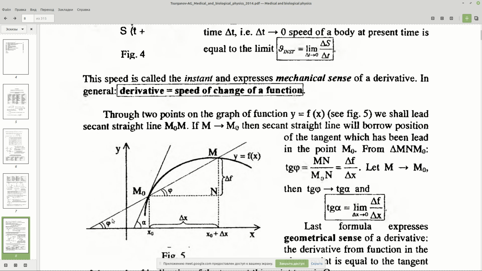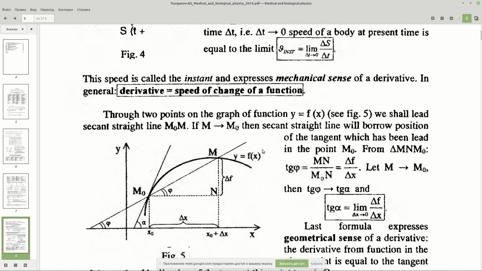If m goes to m0, the secant line will take the position of the tangent laid at the point m0.